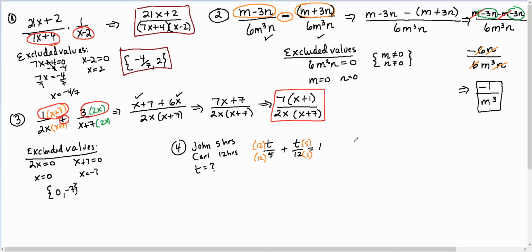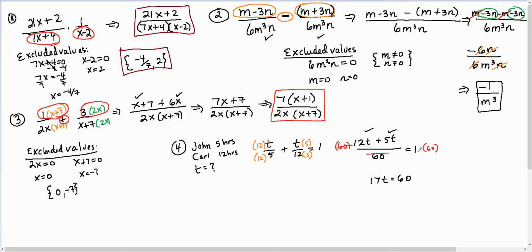And this is 12t plus 5t over 60 equals 1. And 12 and 5 is 17. 17t equals 60, right? Because you're going to multiply both sides by 60 to get rid of the denominator.